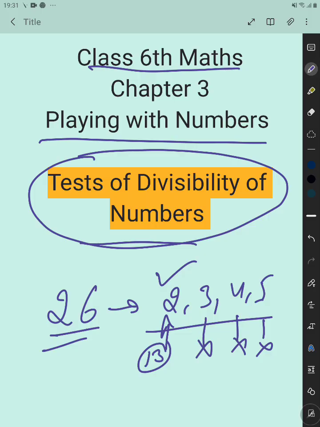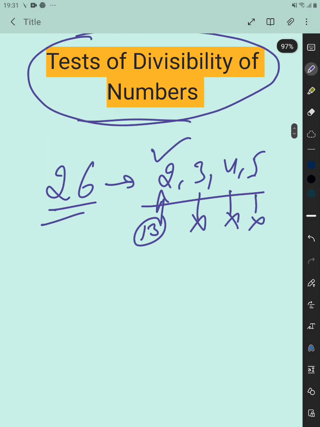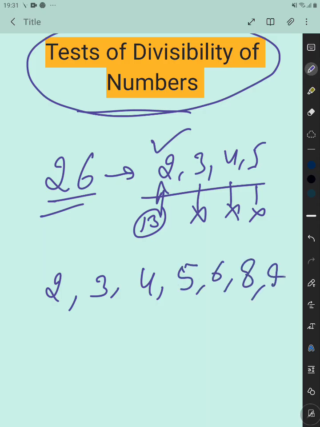But for other numbers, what is the common rule, or what is the observation that we need to have, so that we can get other numbers also just by observing how the divisibility works? Similarly, we will test the divisibility by 2, 3, 4, 5, 6, 8, 9, 10, and 11.